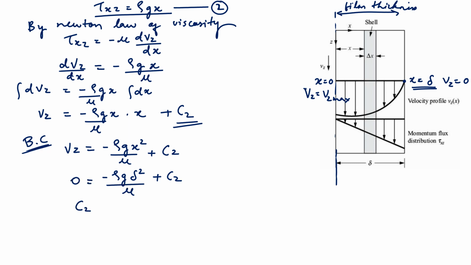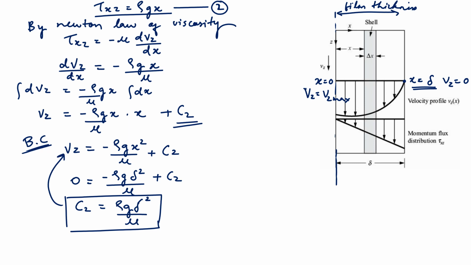Therefore C2 I get here rho g delta square upon mu.